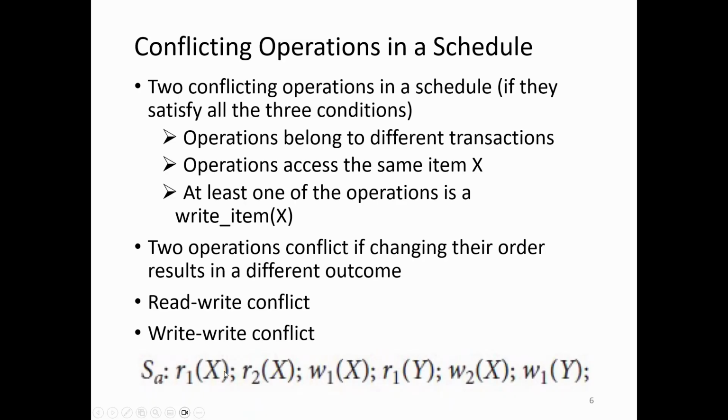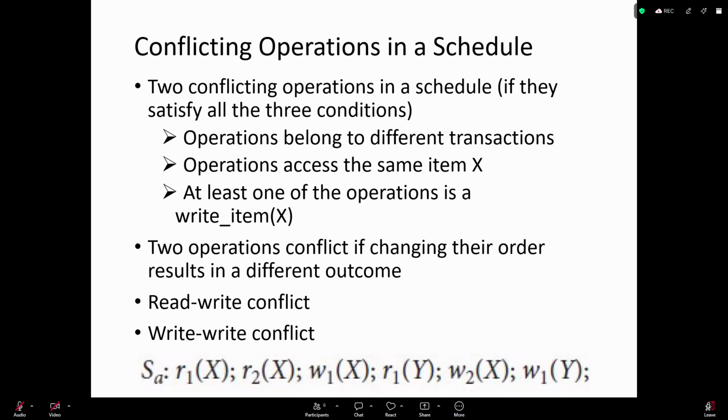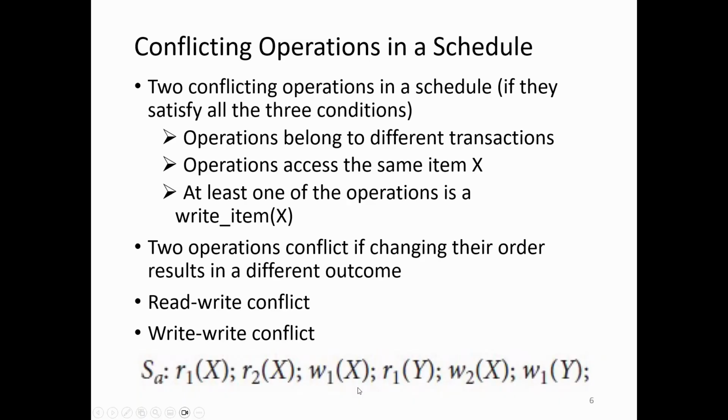Similarly, R2X and W1X are conflicting, because these two come from two different transactions, the same X is accessed, and at least one is write.